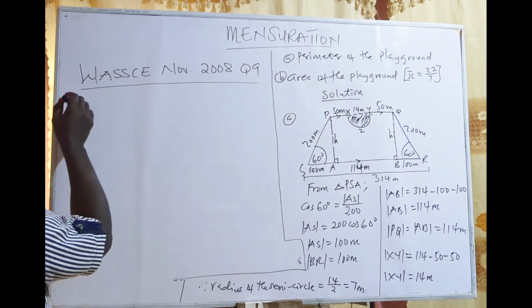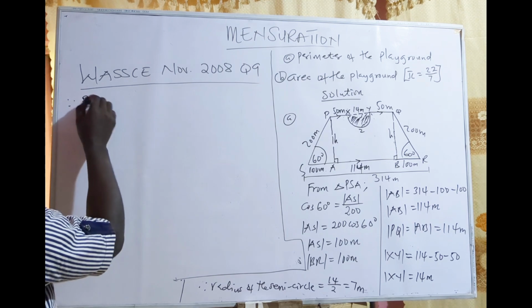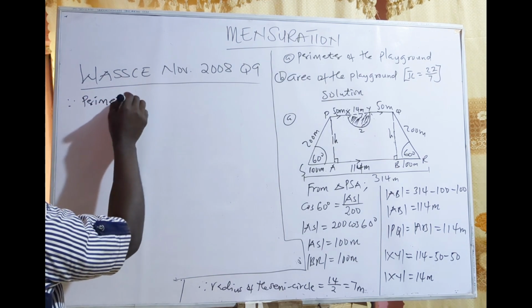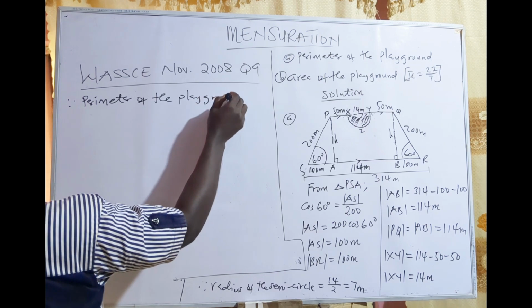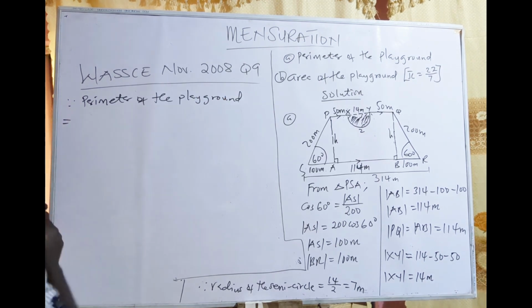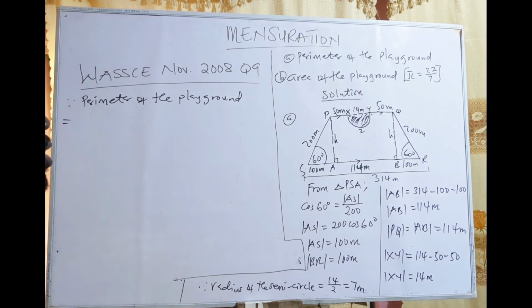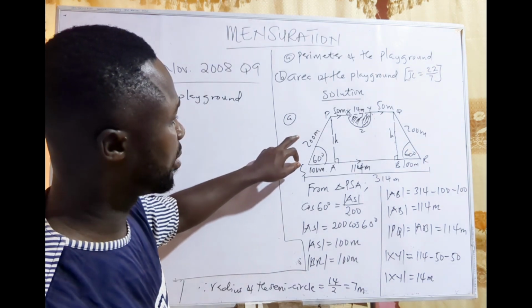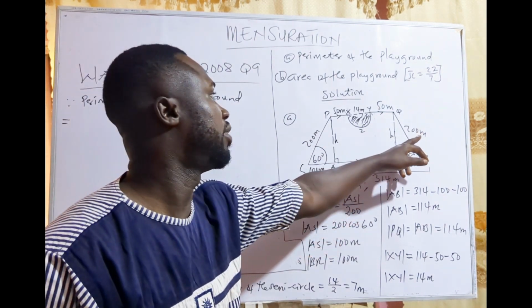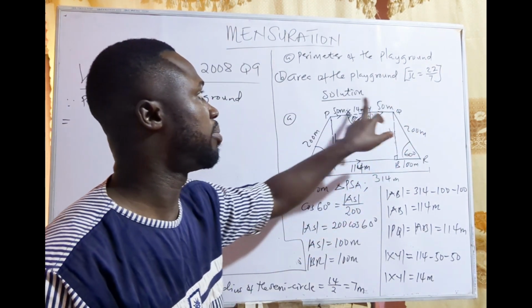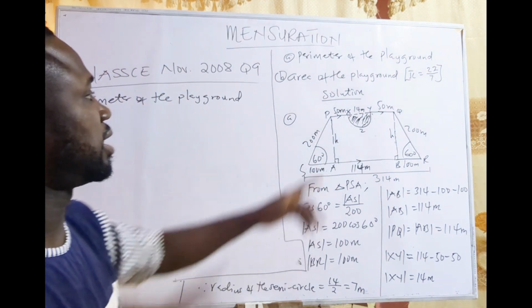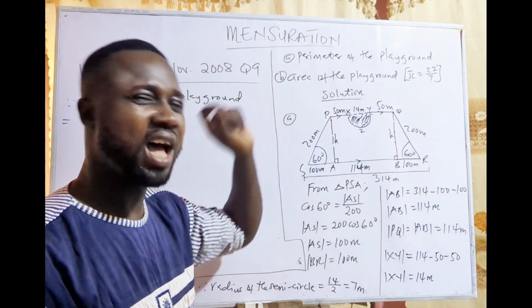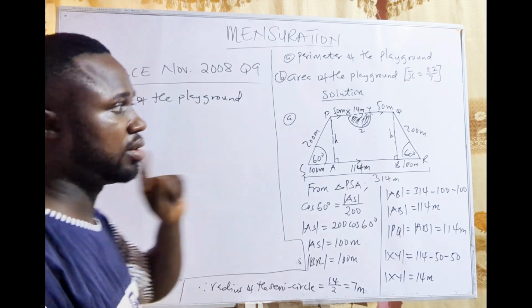Therefore, the perimeter of the playground is equal to this 200 plus 314 plus 200 plus the 50 plus the 50 plus the length of the semicircular arc, which is half of the circumference.